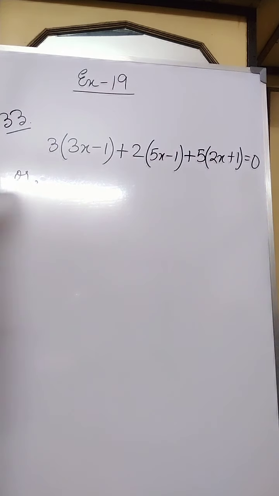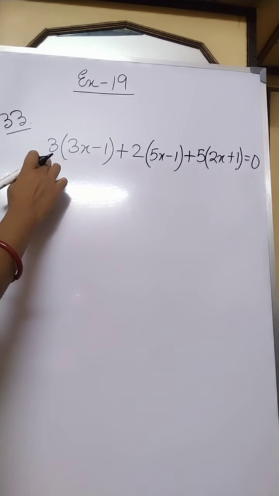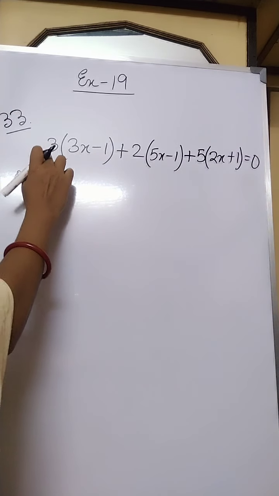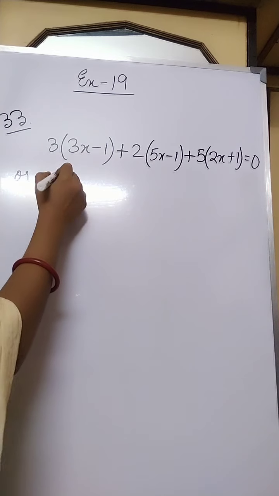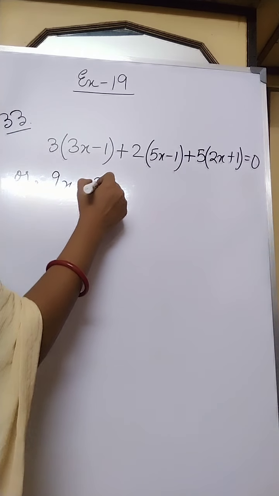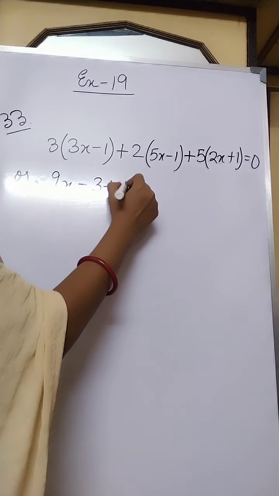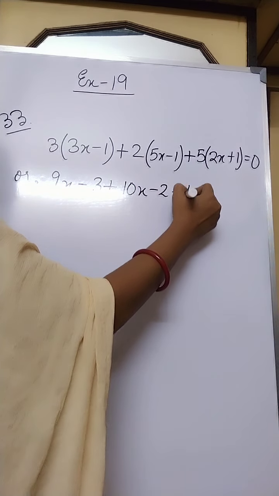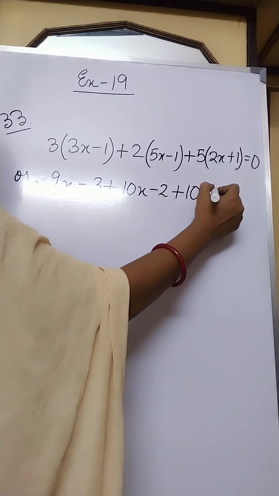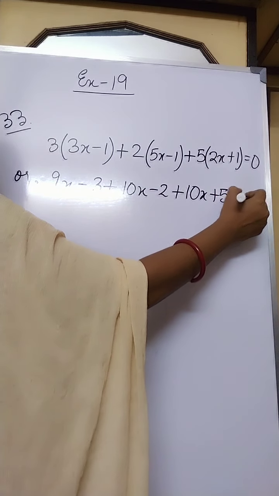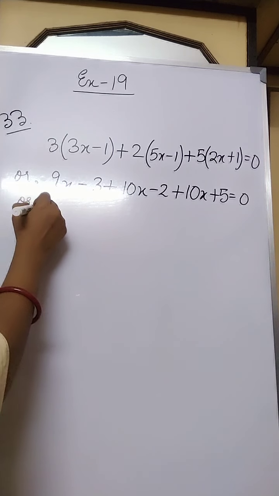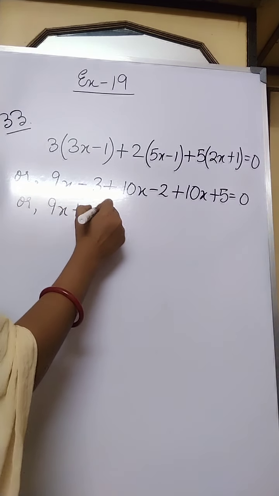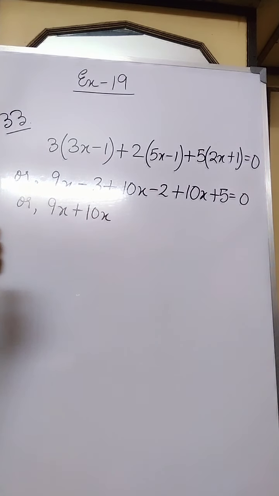Now we will try to remove the bracket and multiply the outside number with the inside terms. Individually we will multiply. 3 into 3x gives you 9x minus 3, plus 2 into 5x 10x minus 2, plus 5 into 2x 10x plus 5 equals to 0, or 9x plus 10x plus 10x.